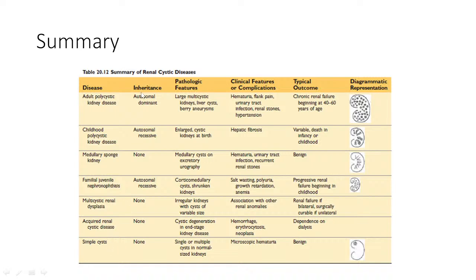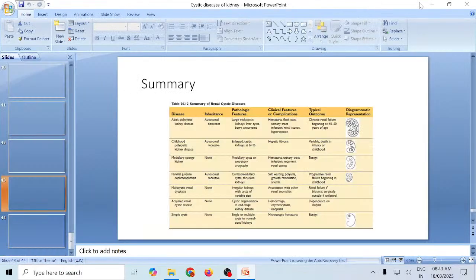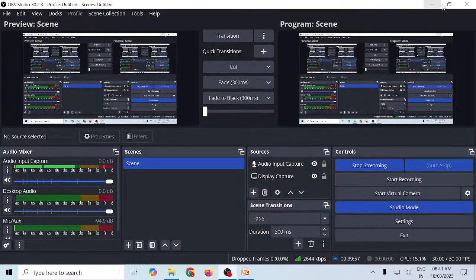So, these are the patterns of inheritance mentioned here, pathologic features mentioned here, the clinical features and the complications are there, typical outcome and diagrammatic representation is there. So, we can understand what we are able to see here in today's class. Thank you very much for your patient hearing.